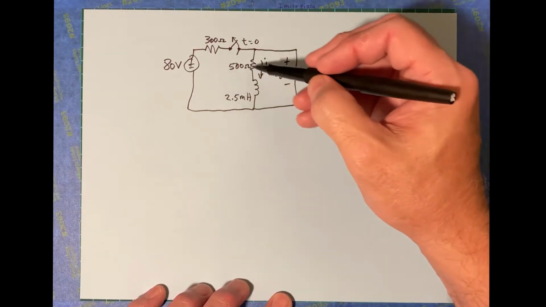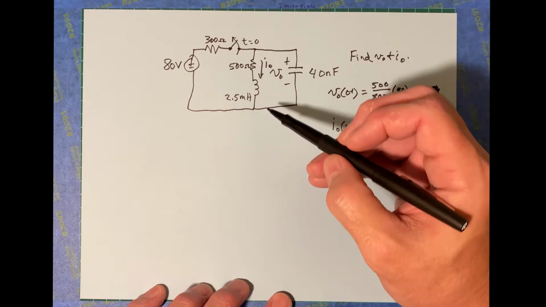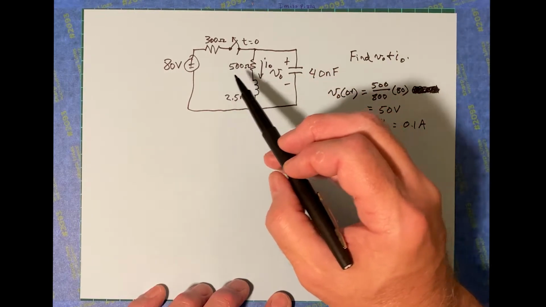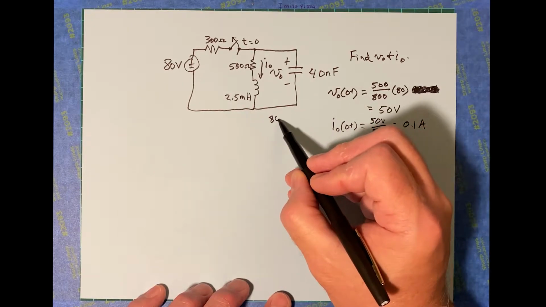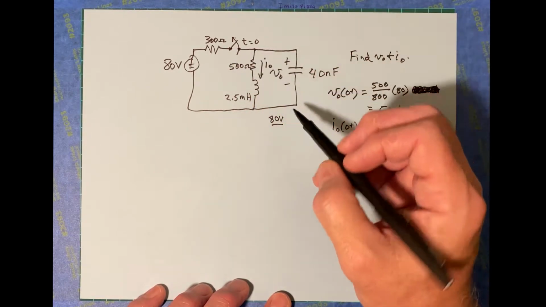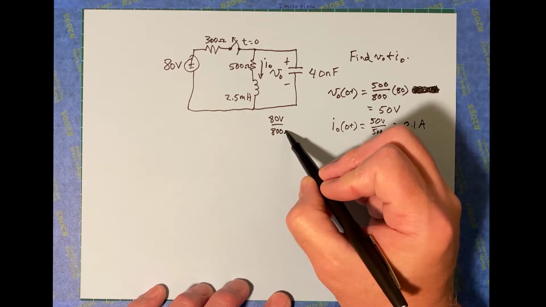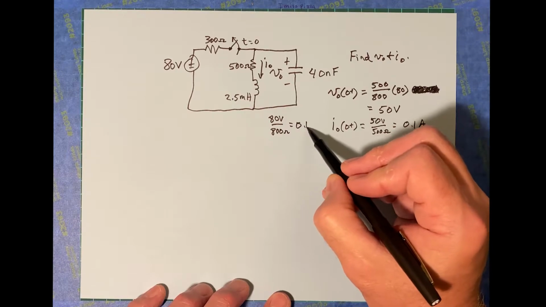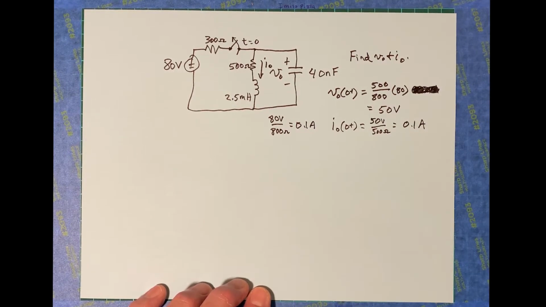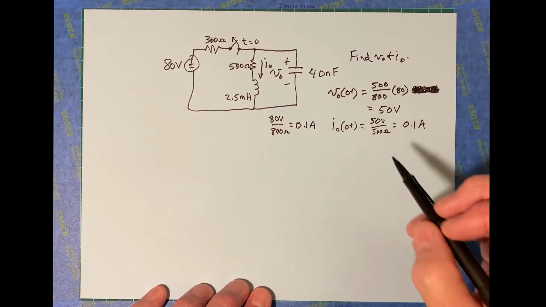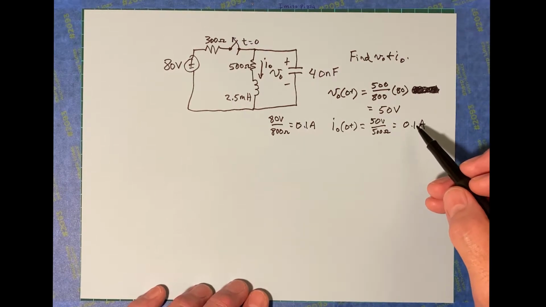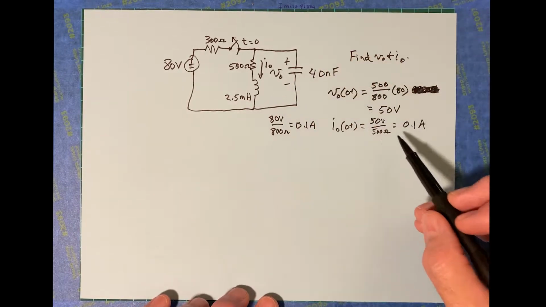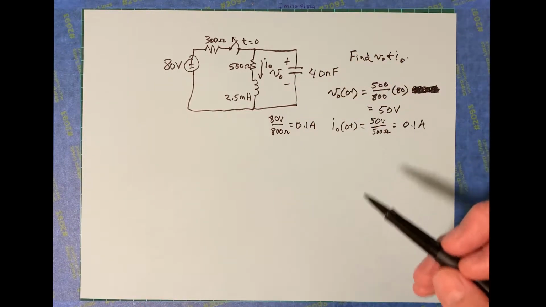I could have also gotten I naught by figuring out the current around this loop: 80 volts over 800 ohms. That's another way to do it, and it would have given me 0.1 amps as well. Either one of those ways tells me the same thing. There is 1/10 of an amp through the inductor at t equals 0 plus.